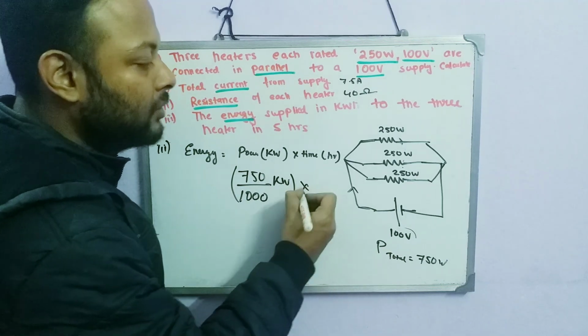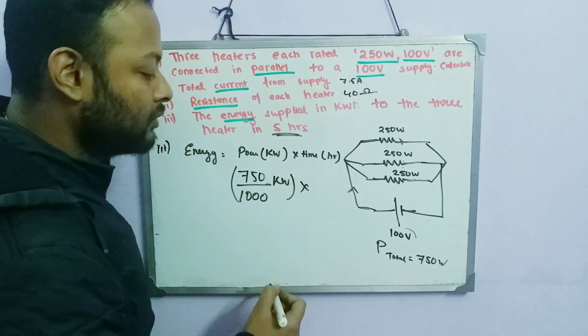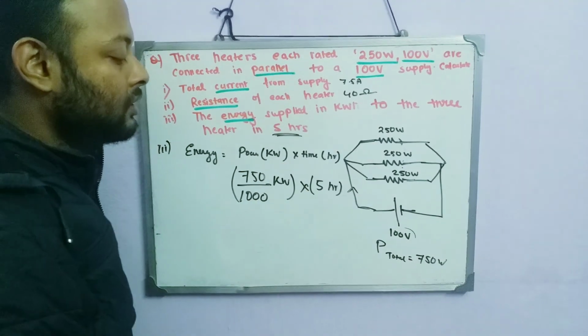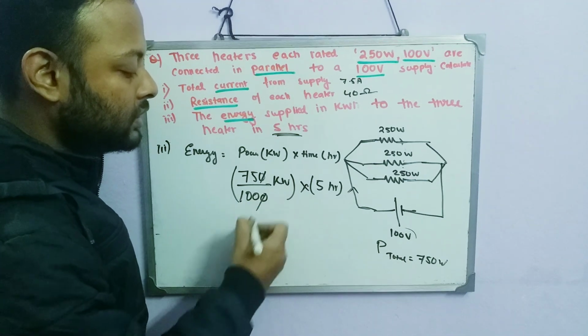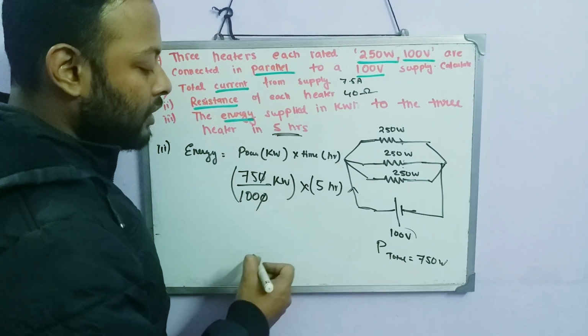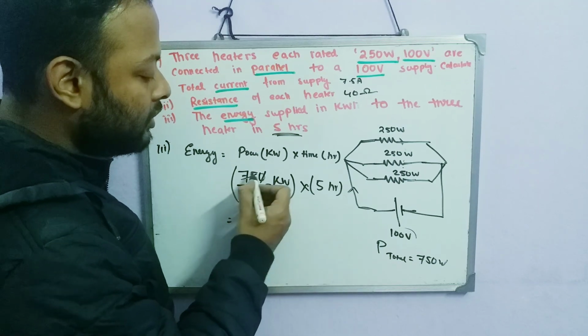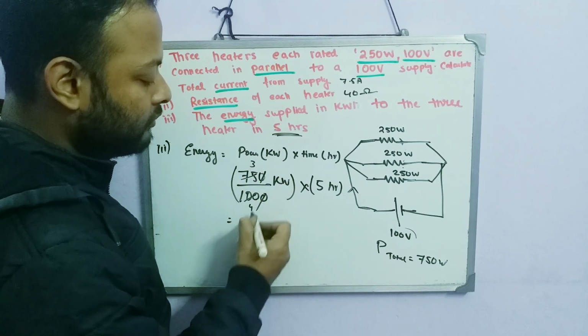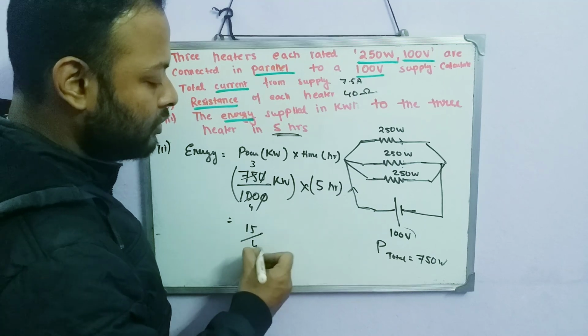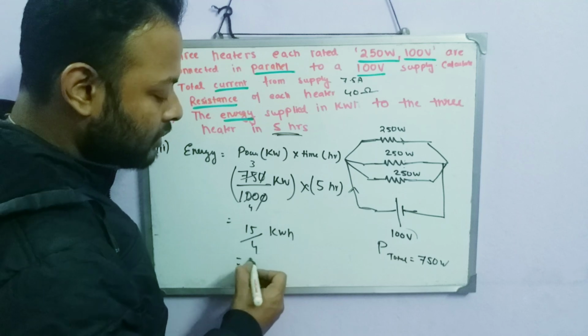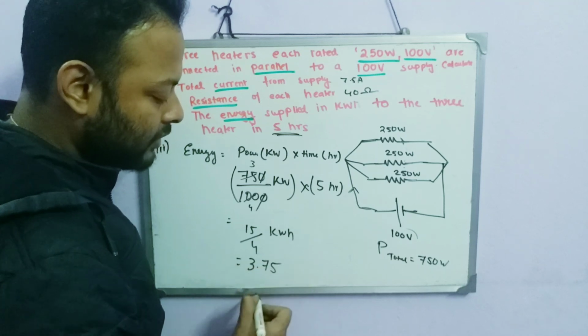And then time, if you see it is given, time is 5 hours. So multiply this by 5 hours. Now if you cancel, 0, 0 get cancelled. And then if you cancel, it becomes 3s are 15, 4s are 4. So 15 by 4 kilowatt hour. 15 by 4 gives you how much? 3.75, I think so.